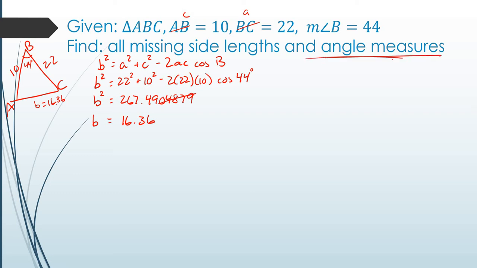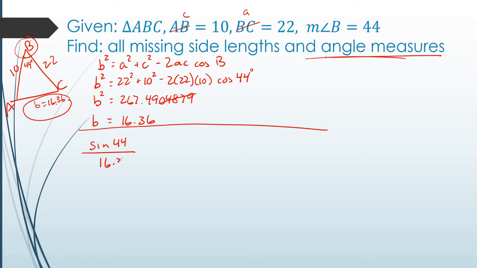So I have another side length now. But I do need to find my other angle measures. But now that I have an angle measure and its opposite side, I can go back to my law of sines. Sine of angle B over side b equals, and I can pick either one to look at first, sine of A over side a, which was 22. So multiplying both sides by 22 and plugging this into your calculator, you get that the sine of A equals 0.934.